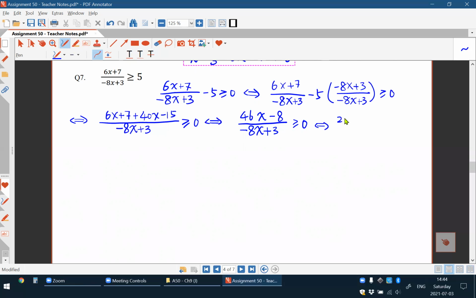This means 23x minus 4 over minus 8x plus 3 should be larger than or equal to 0, right? Okay, so this means the ratio here is either equal to 0 or it can also be greater than 0, right?